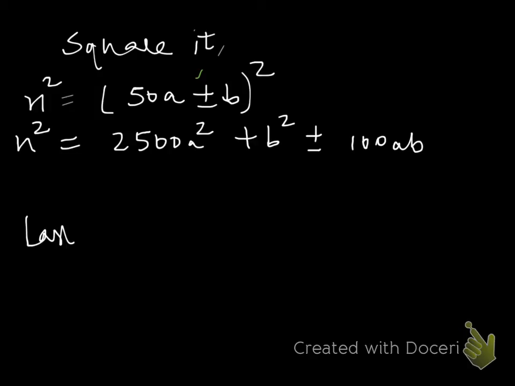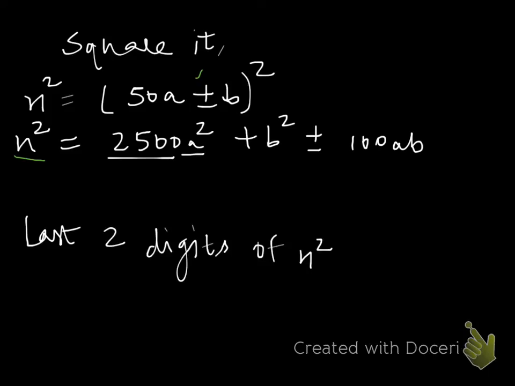Now let's see the last two digits of n square. What are the last two digits of n square? Assuming any value of a, it doesn't really matter what the value of a is, and thus the value of a square. Whenever we multiply a square into 2500, we'll get last two digits as 0, 0, because 2500 ends with 0, 0.